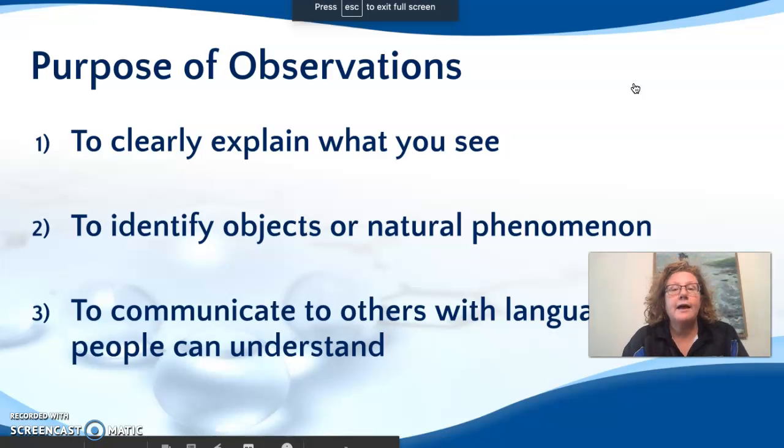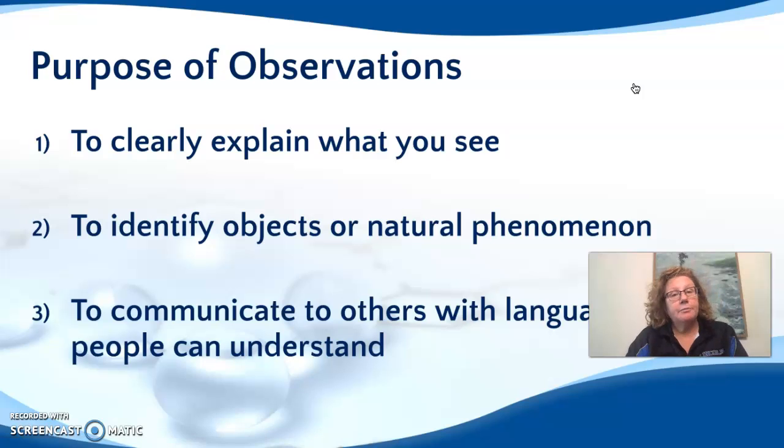So, as a scientist, you're going to want to be able to communicate what you see out in the world. So let's say you come across an unidentified plant, which you're going to do later on in this lesson.